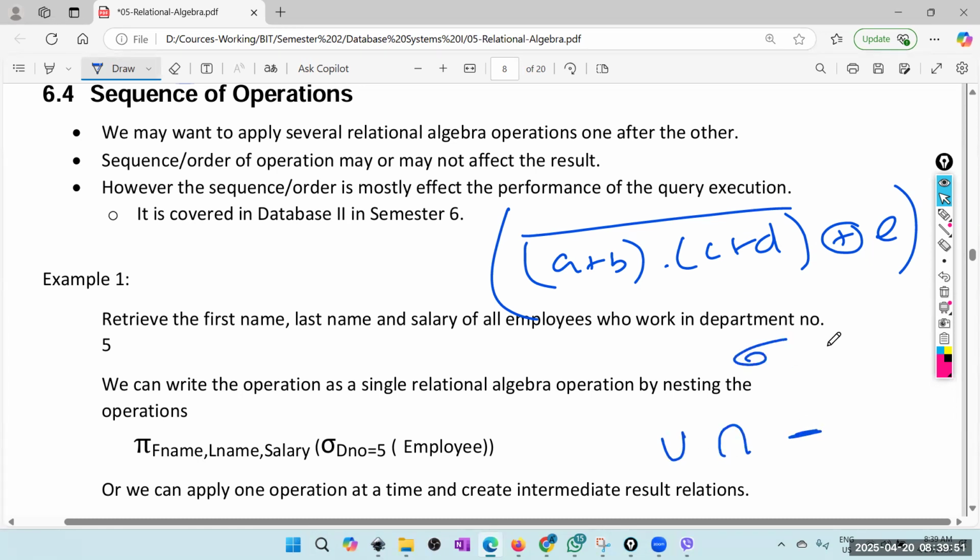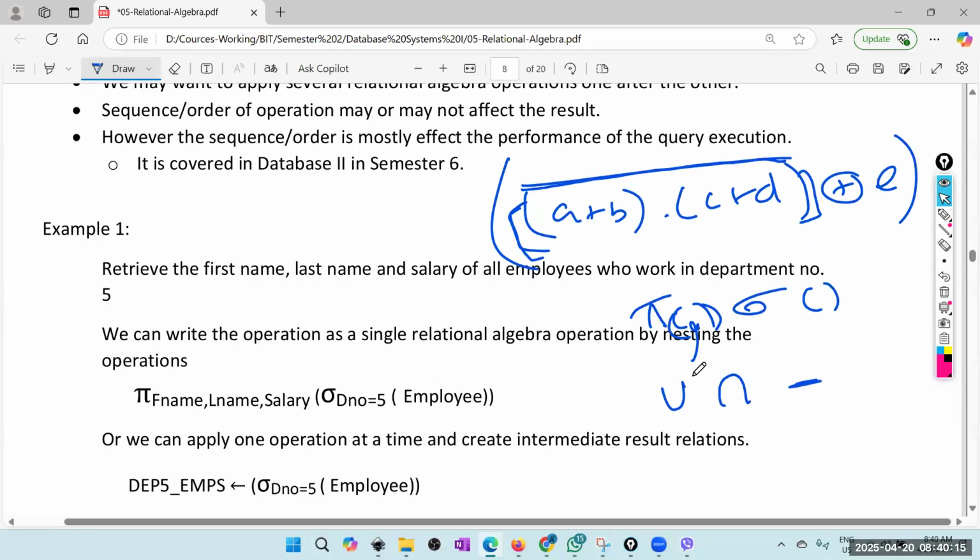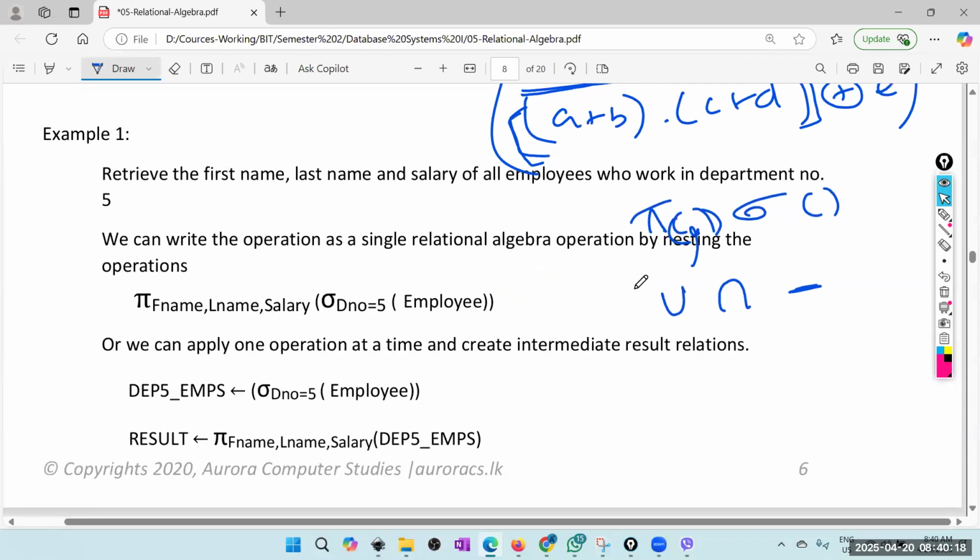Because projection and selection are for one thing. That one thing can be again a combined thing, the result of a combined thing. Just like this not is a unary operator, but it is done to this particular block. It must be done to one particular data set. So these are some examples.